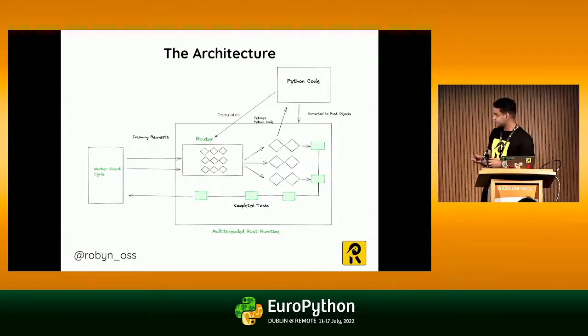So when we type the command python app.py, the Python code is converted to Rust objects, as you can see here, and then it is populated in a thread-safe router. When the incoming requests come, the router gets the Rust object from the mapping, passes it to a thread pool, depending on if it's a sync function or an async function, and then the response is executed and returned back.